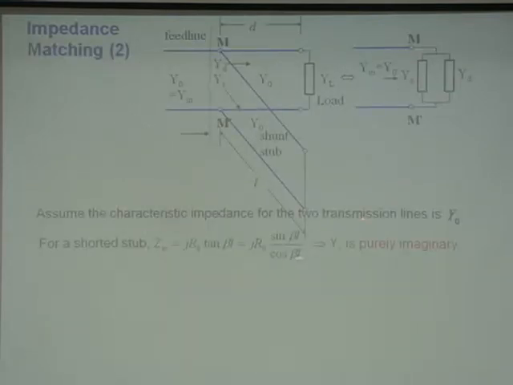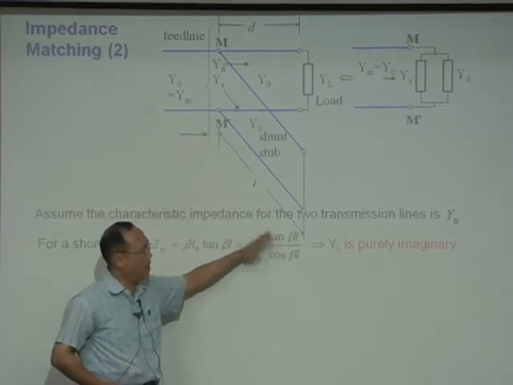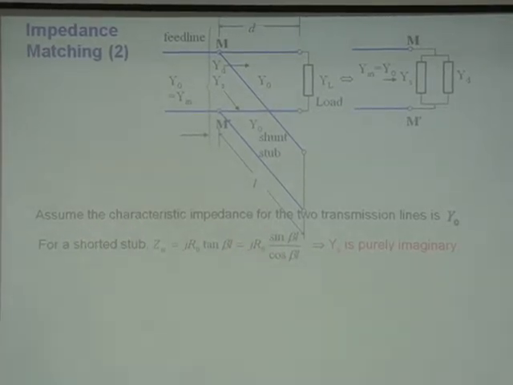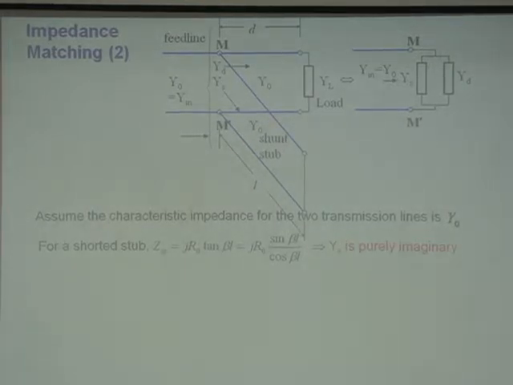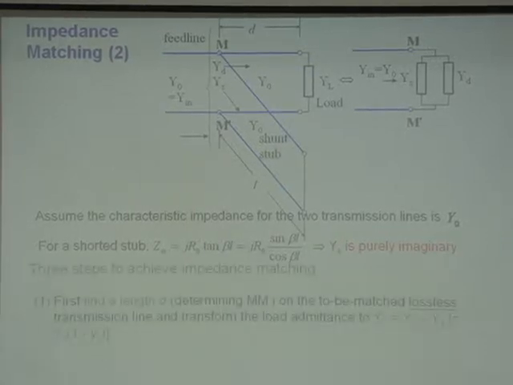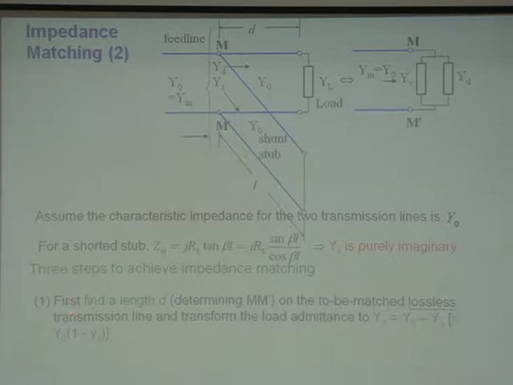Okay, so ys is also purely imaginary because ys is just the inverse of your short circuit impedance; inverting it, it is still purely imaginary. Okay, so we can summarize 3 steps to do impedance matching, but this is an important property you need to notice.